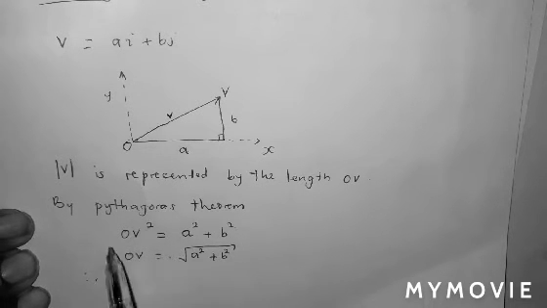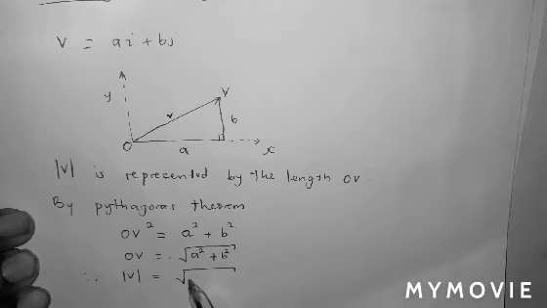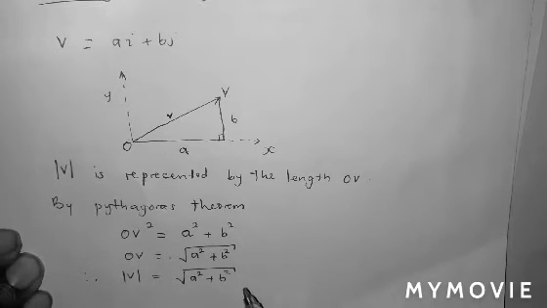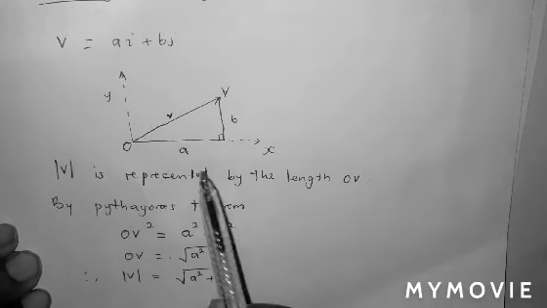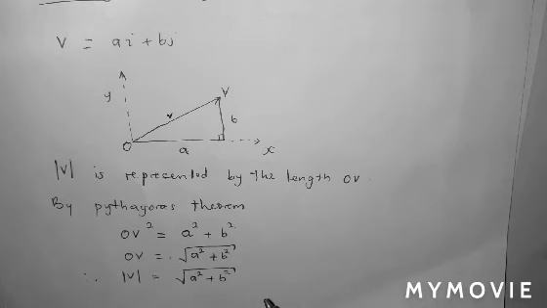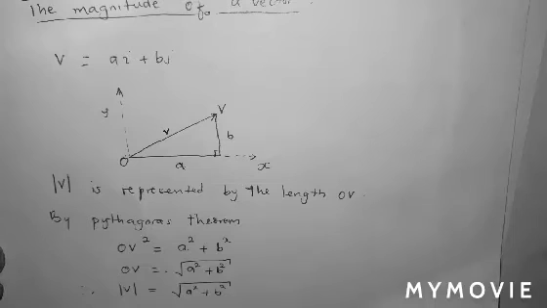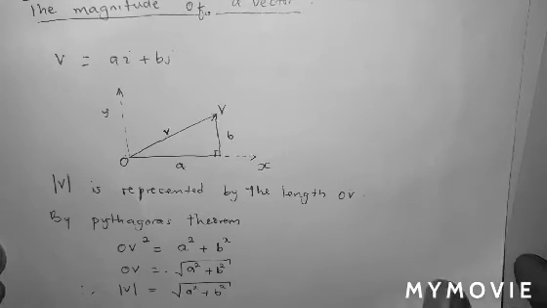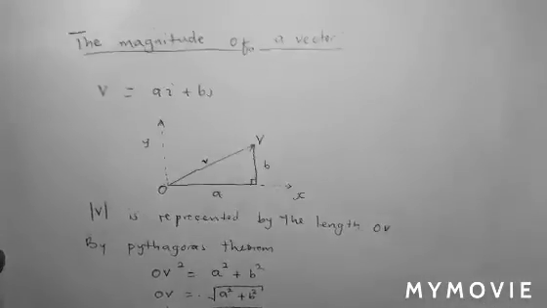Therefore, the magnitude of a vector v represented in that form is equal to the square root of the sum of the squares as shown. So we can extend this idea to three-dimensional vectors.